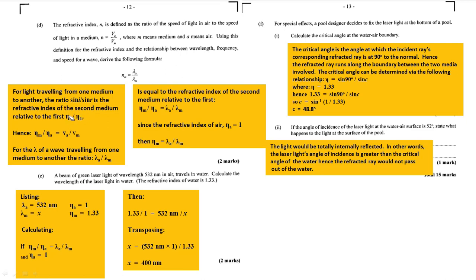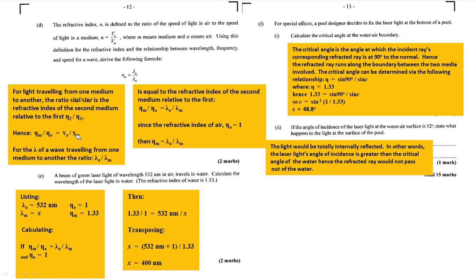So once you know this, you will say, well, the second medium I could relate to M, and the first medium to A, which is air, divided by, so basically you flip the script when it is equated to speed, which is V_A over V_M, right?